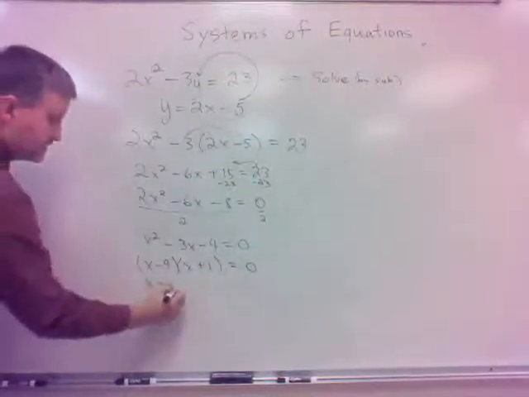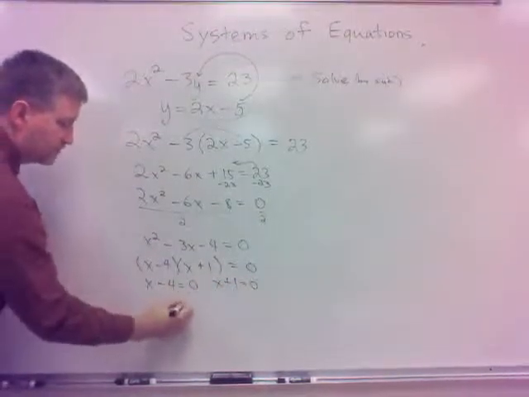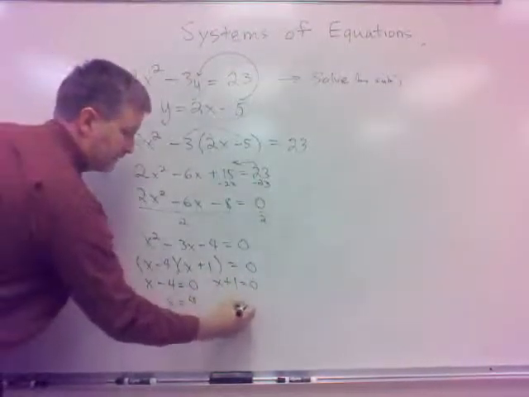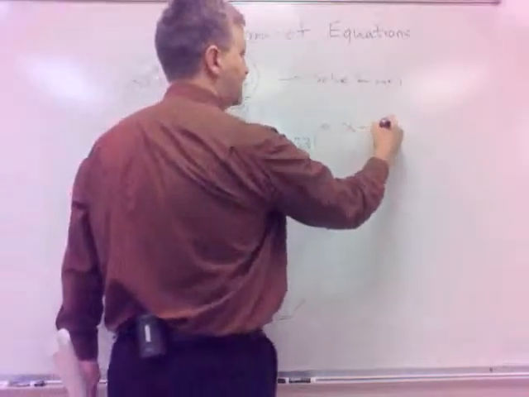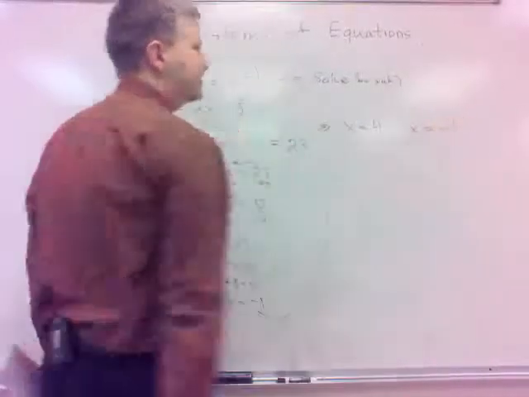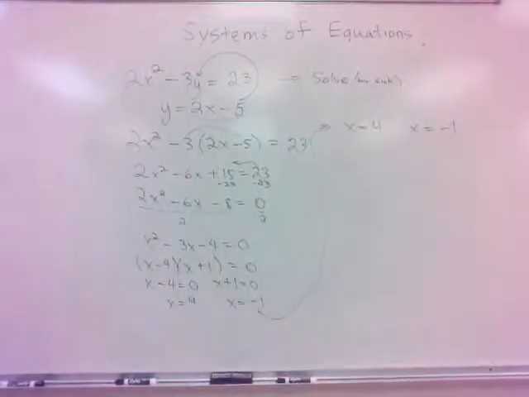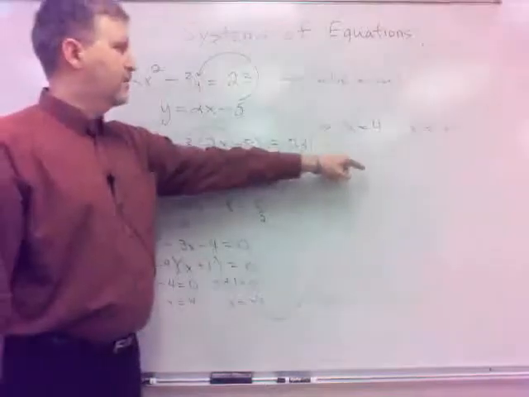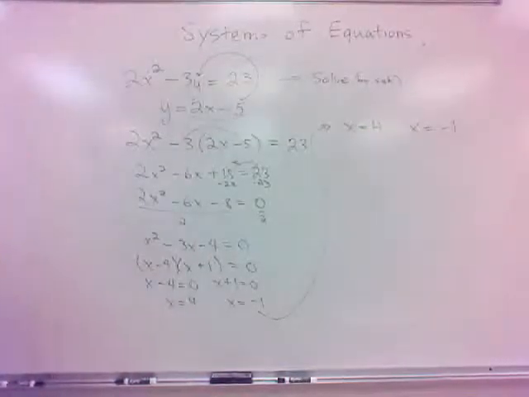Set those each equal to 0. Add the 4 and subtract the 1. So we get x is 4 and x is negative 1. However, I'm not done because we're solving a system, and in systems I need an x and a y. So in this case, I've got 2 x's, so I need a y for each one of those, don't I?